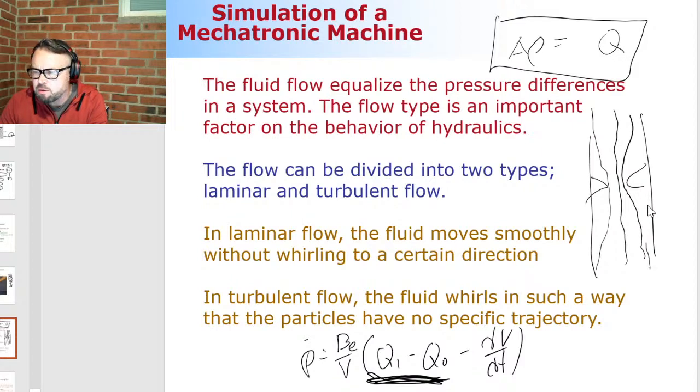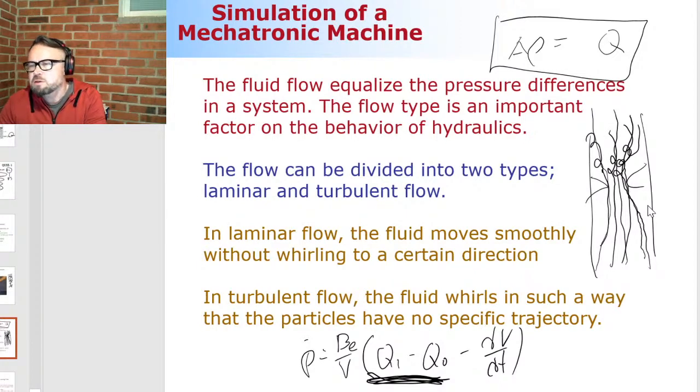In a turbulent flow, particles are no longer traveling with good agreement, but there is a serious whirling, like this, and turbulent flow looks like this because of the whirling. So the flow rate and the pressure difference are no longer linearly related, but instead they are quadratically related. So this will be a quadratic relation.